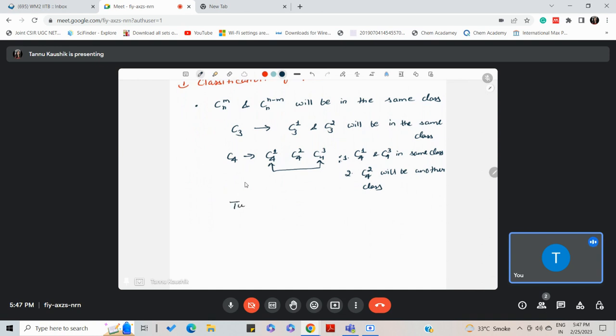So for the C4 principal axis of rotation, we will have two classes.